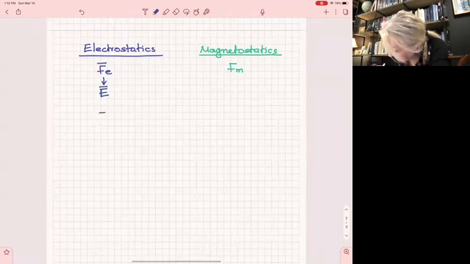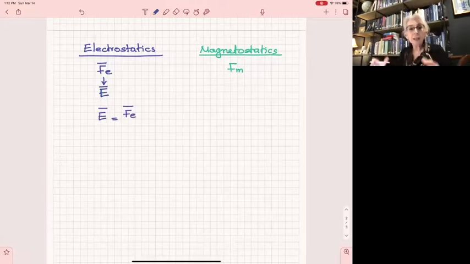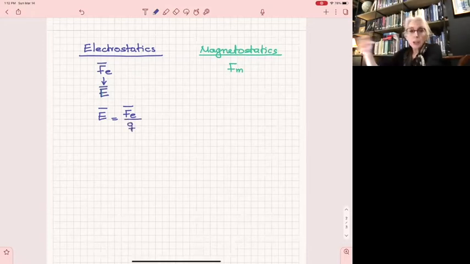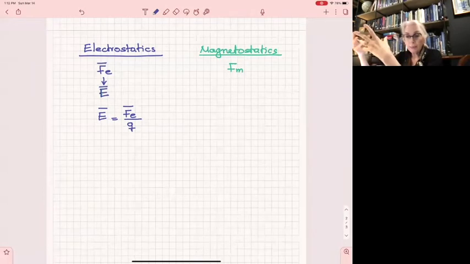We define the electric field as E equals F sub E, the electric force that we feel, divided by Q. The only way for me and you to feel an electric force is if we were charges, or if our body was not electrostatically neutral.